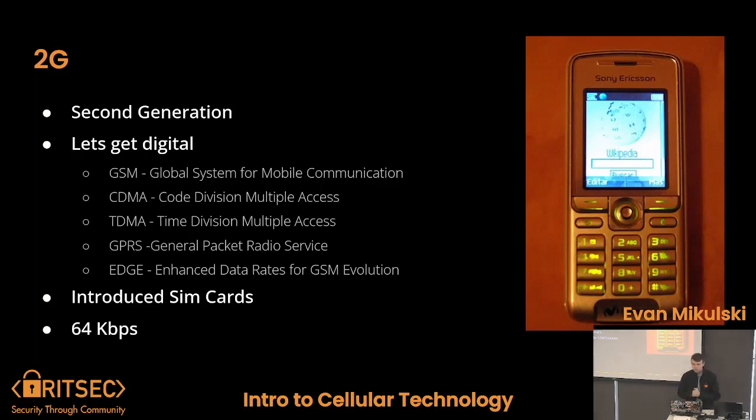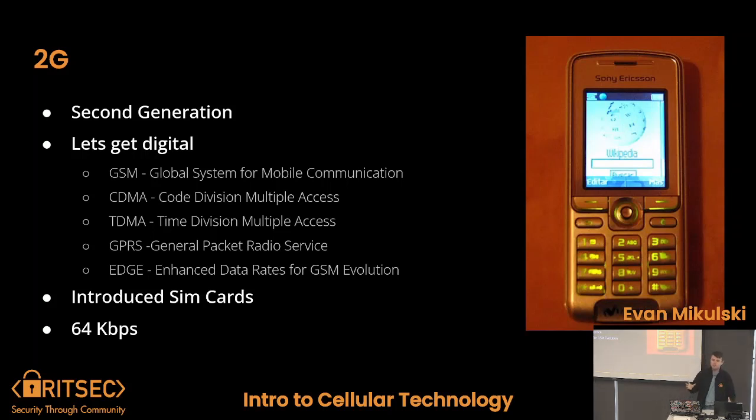Code division multiple access is where the frequency spectrum gets a bit broader, but you're given a certain bandwidth, and then it's more about the frequencies and how you're modulating on those frequencies for code division.